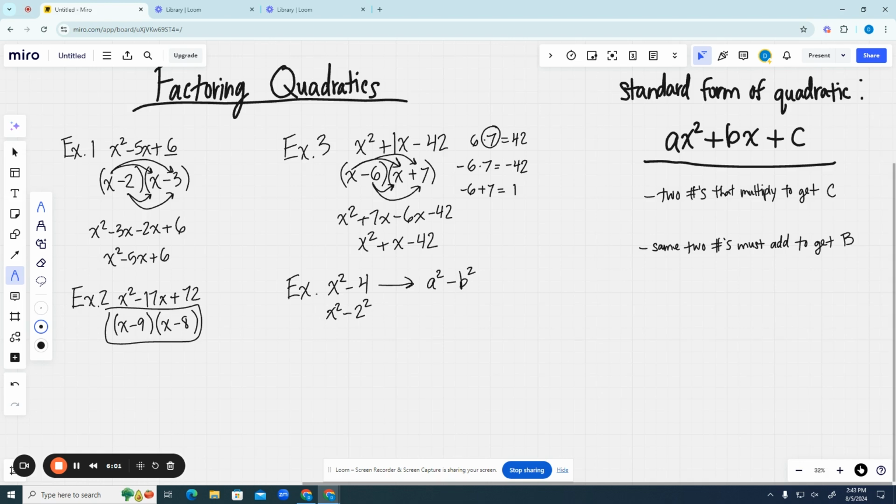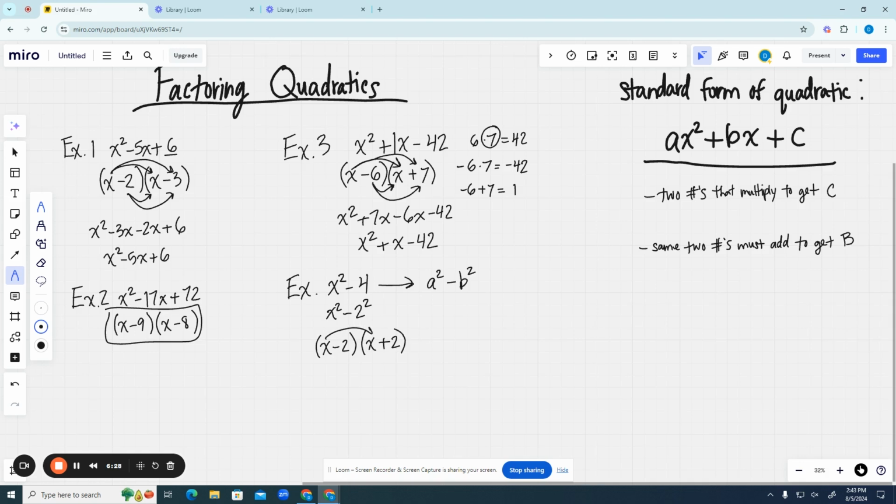But to know what this one factors to, whenever you have a problem like this, just know that the middle x term always simplifies out. So this one will factor out to this.